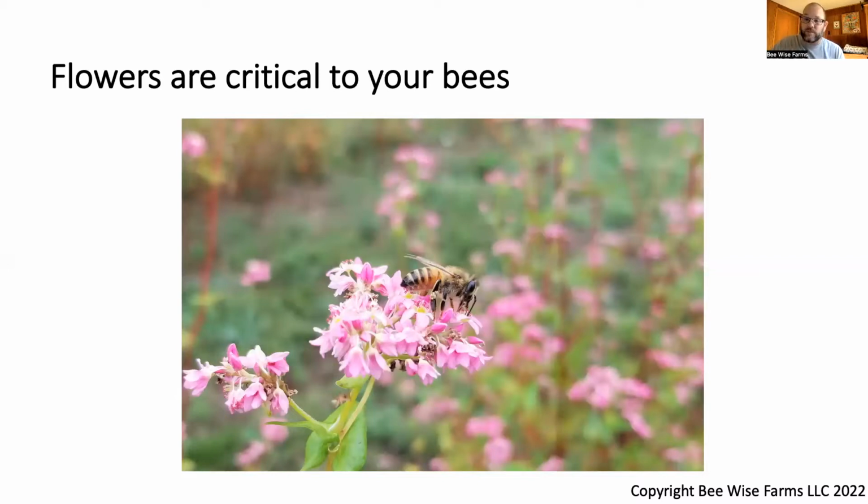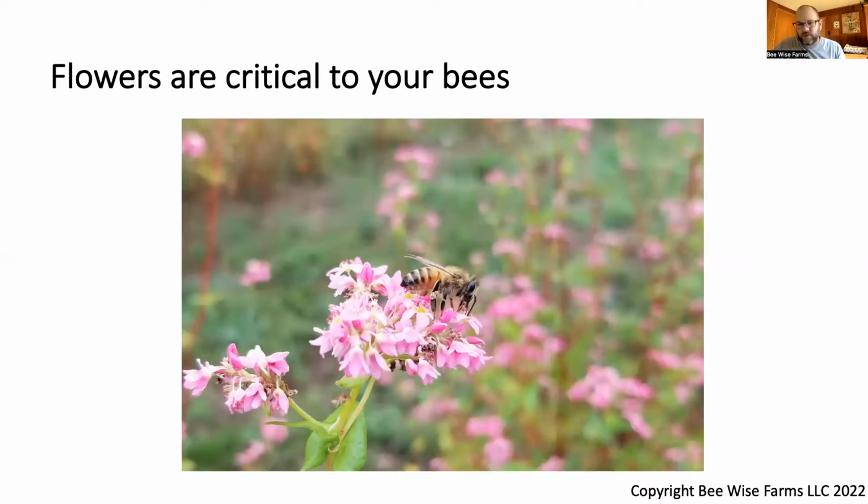And it'll give you a good idea of how much forage you have available and what forage you have available and when it blooms. Because one of the most important things about habitat management, when we are incorporating new species of plants into a landscape, is we're trying to create a situation where there are overlapping bloom times throughout the entire year. Well, entire beekeeping season for us in the UP in northern Michigan.